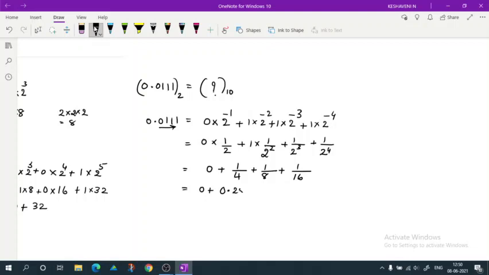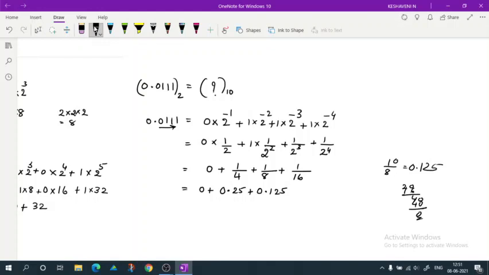Okay, therefore 0 plus 1 by 4, 1 by 4 equal to 0.25, plus 1 by 8, 1 by 8 equal to 0.125. If you want, I'll show you how to do it. 1 by 8 equal to point, take 0, 8 ones are 8, 2 remaining, 2 remaining 0, 8 twos are 16, 4 remaining, again take 0, 8 fives are 40, so 0.125.